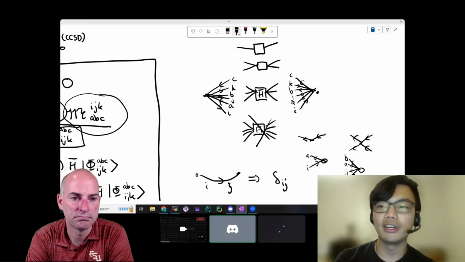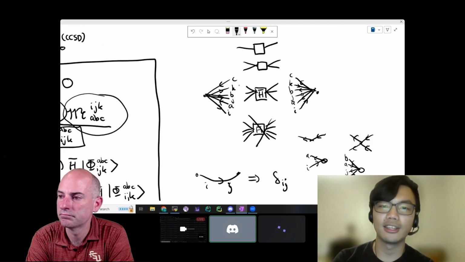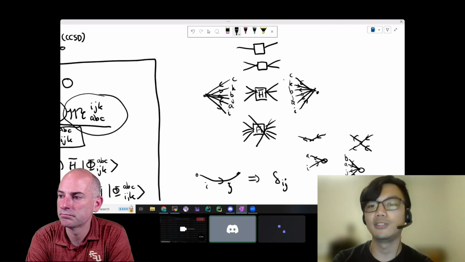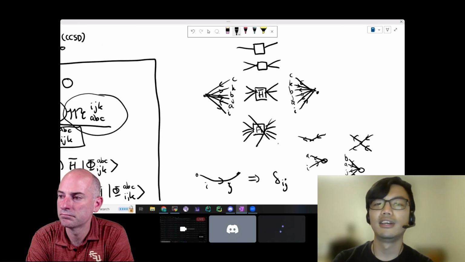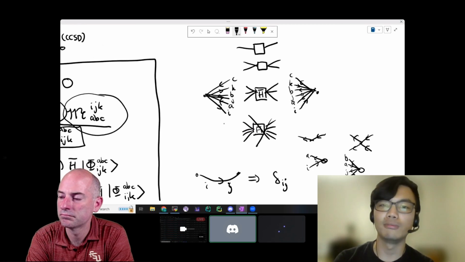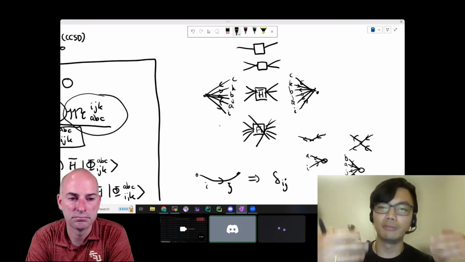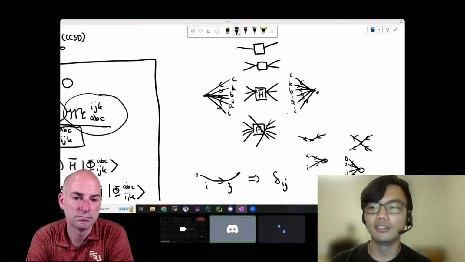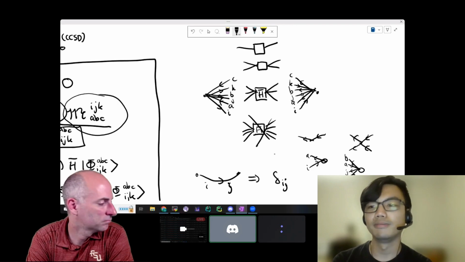Then you can form various contractions, and you will see that you need 3 indices on the left-hand side, 3 indices on the right-hand side. And the remaining 3 indices have to match between the 2 triply excited determinants, so they will form another set of deltas.